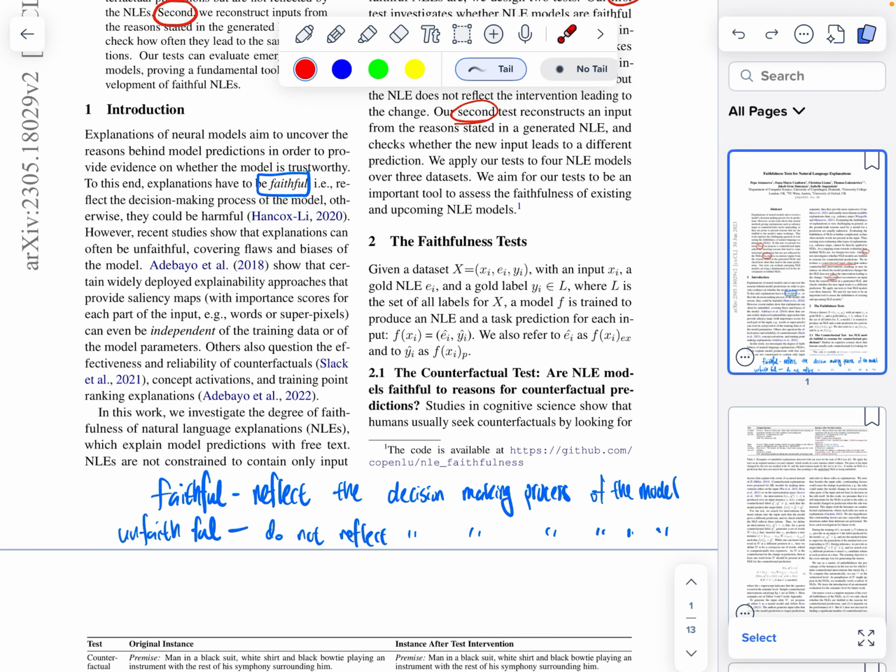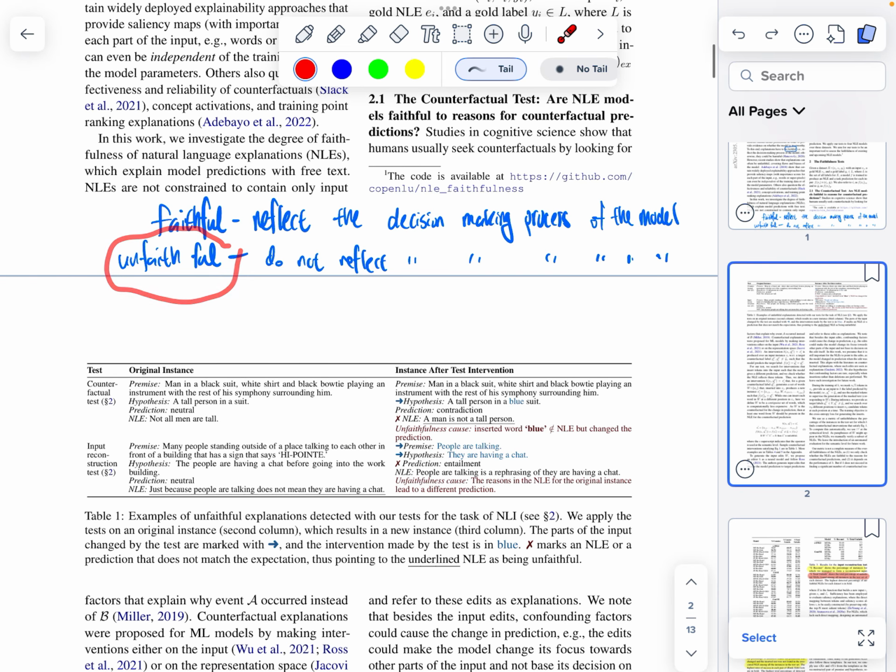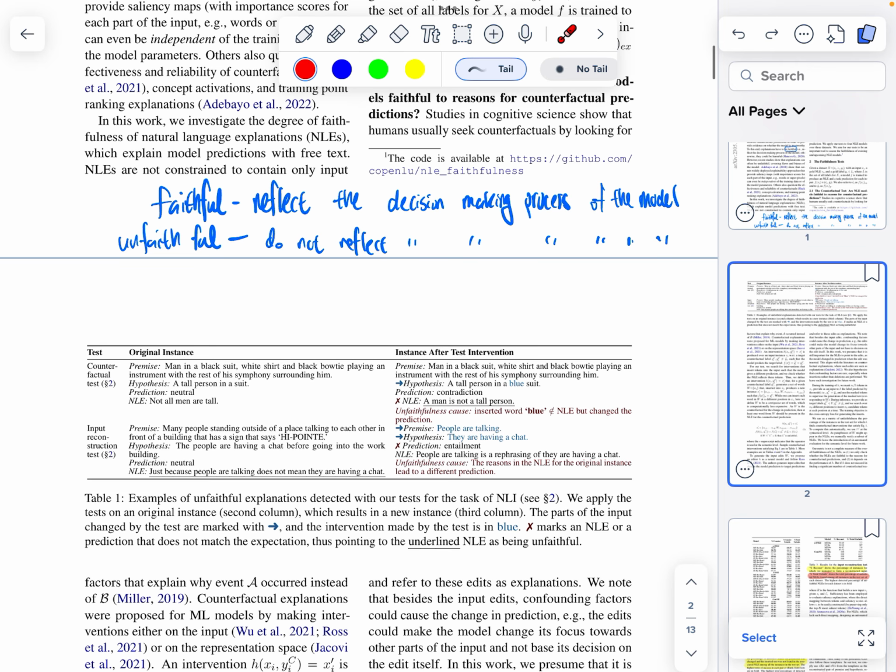So what this paper is trying to say is that these explanations are unfaithful, and they show that by these two tests, the counterfactual test and then the input reconstruction test. The counterfactual test is you have either a random perturbation, a change, you add the word blue or etc., and see if that is reflected in the natural language explanation.